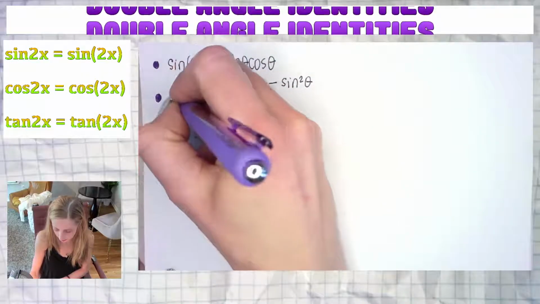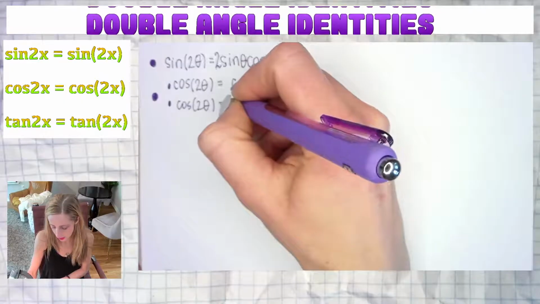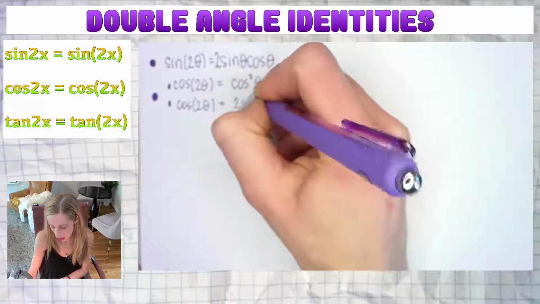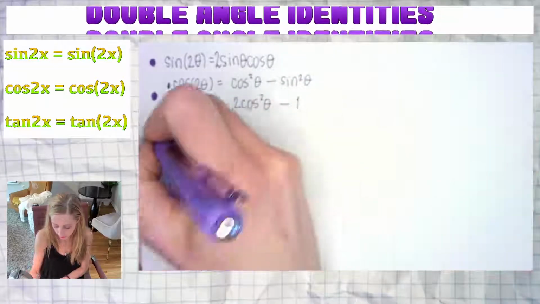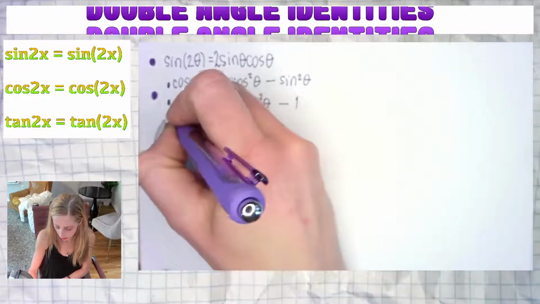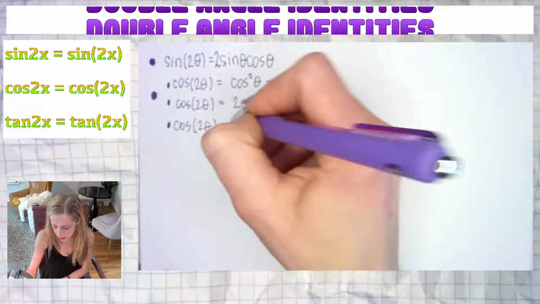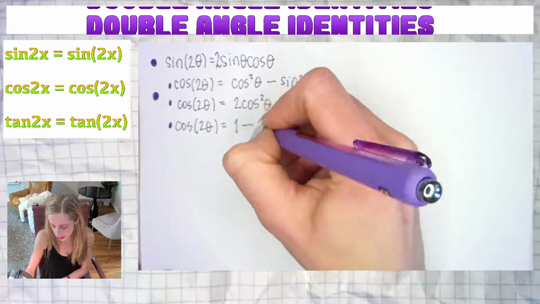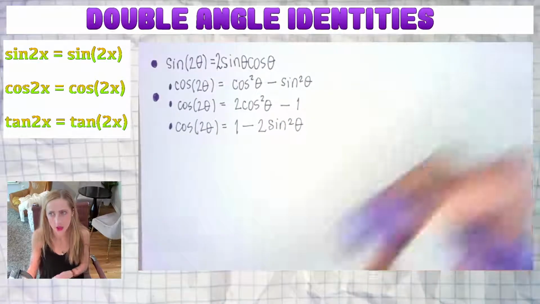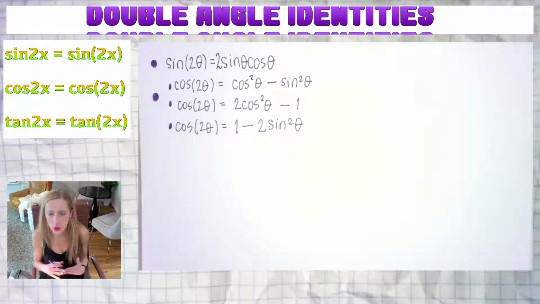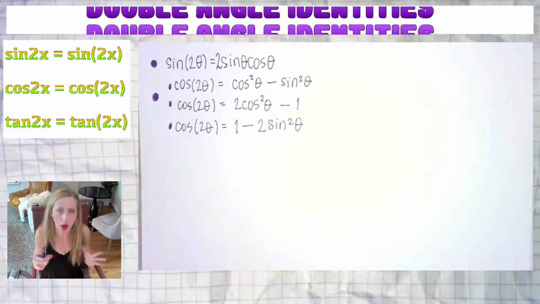The next one, cosine 2 theta equals 2 cosine squared theta minus 1. And the third one, cosine 2 theta equals 1 minus 2 sine squared theta. So you'll pick and choose which one you want to use based on the rest of the problem around it.